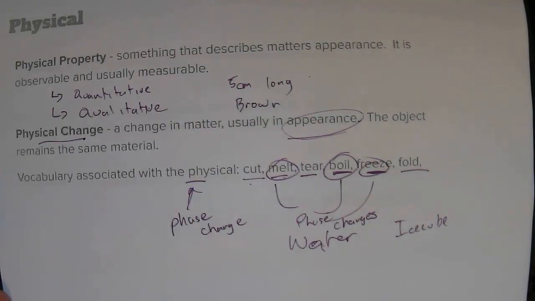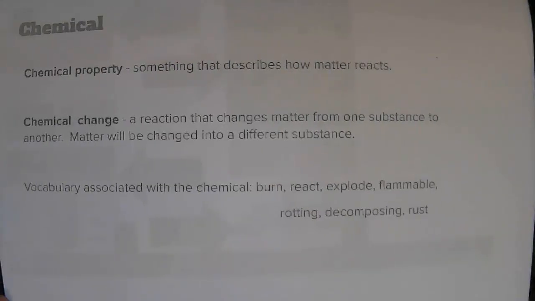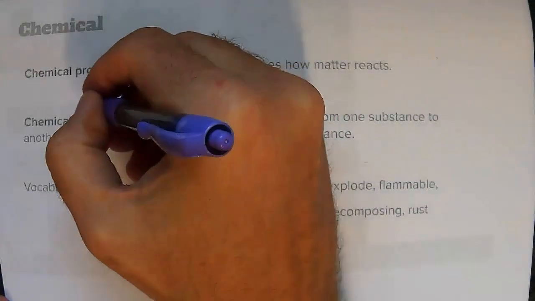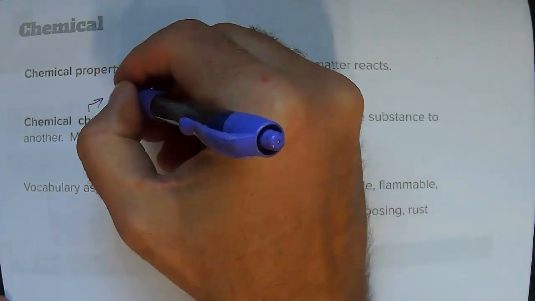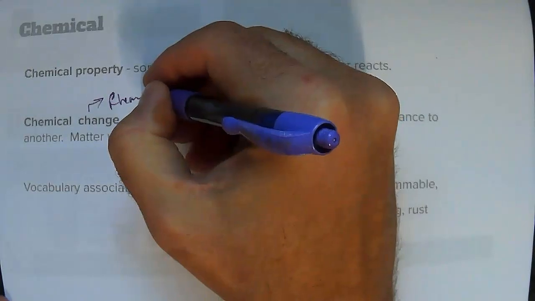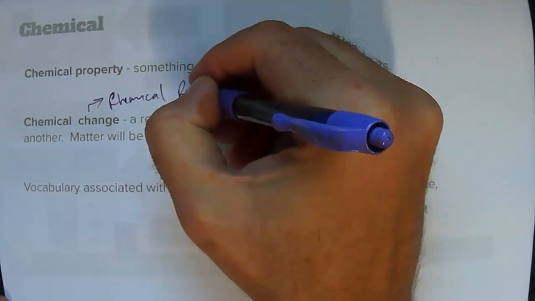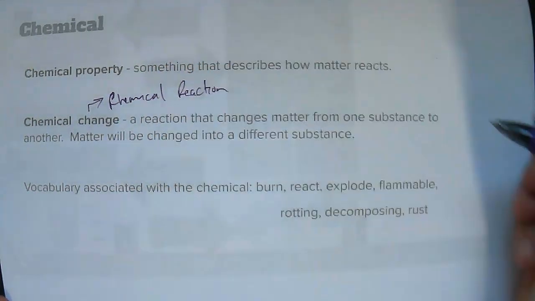Okay, chemical properties has to do with how matter reacts. And again, you can pause this and write these definitions down. And a chemical change is literally just a chemical reaction.